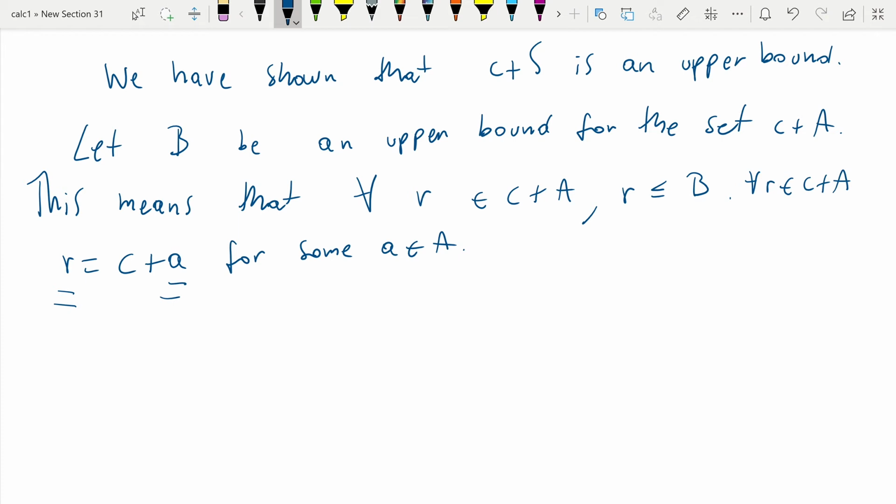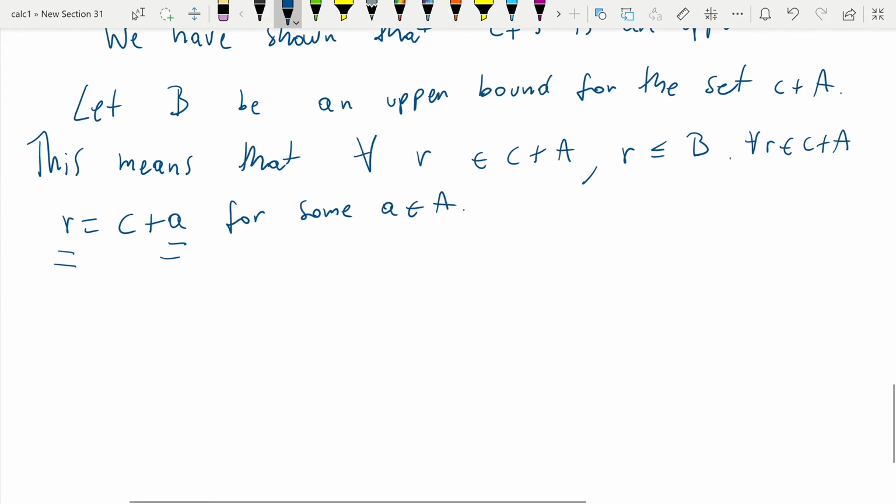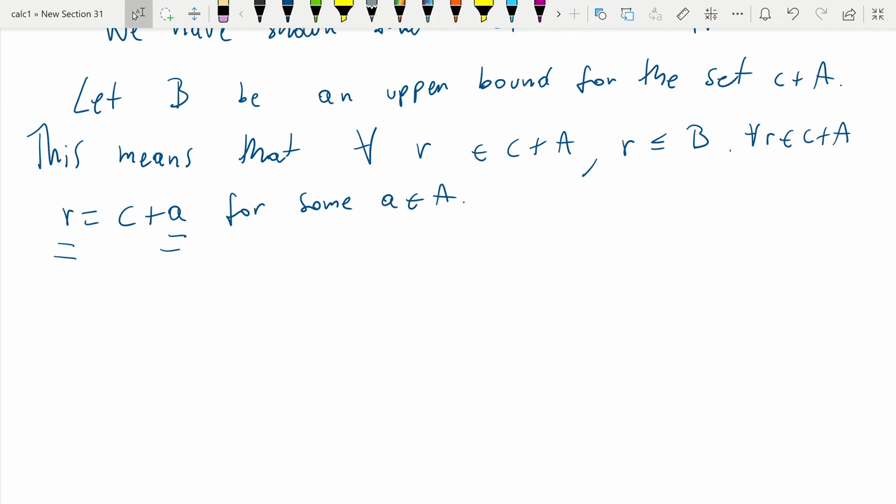Remember that all the elements in C plus A are of the form C plus a, where a is in capital A. So all the elements in C plus A are of the form C plus a.